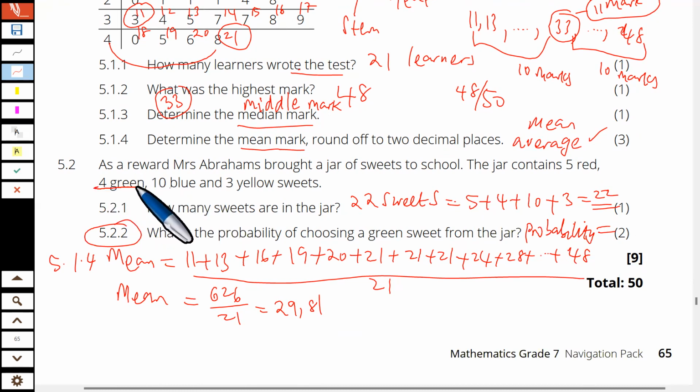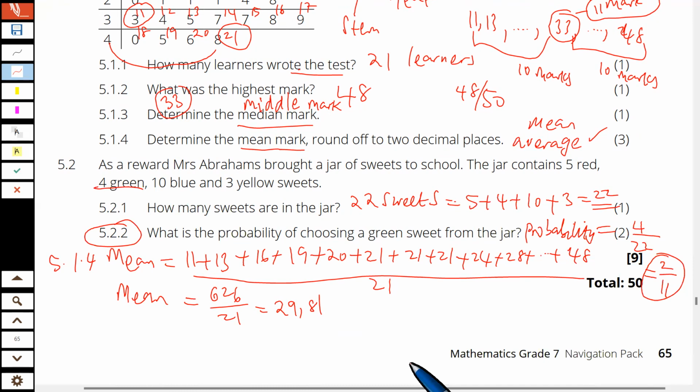There are 4 green. So the probability is 4/22. 4/22 can also be simplified by dividing by 2, which is 2 out of 11. So we have 2 out of 11, and that is the answer.